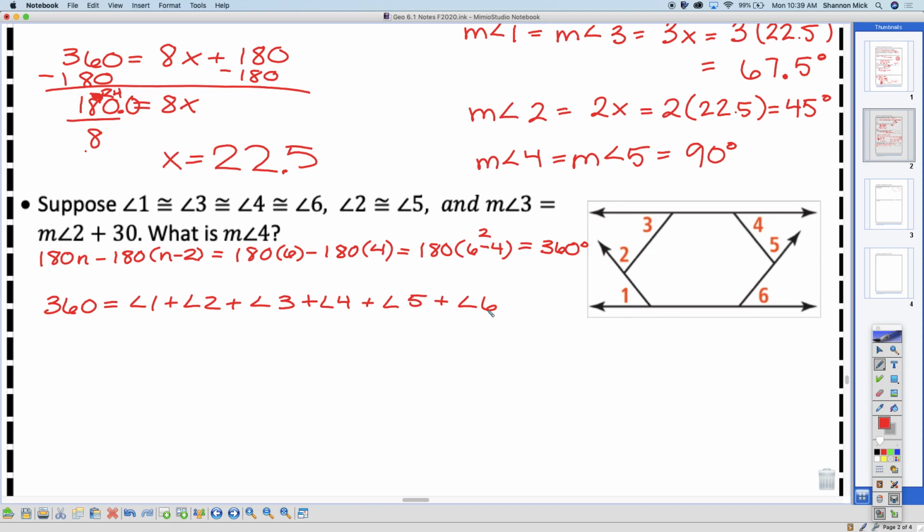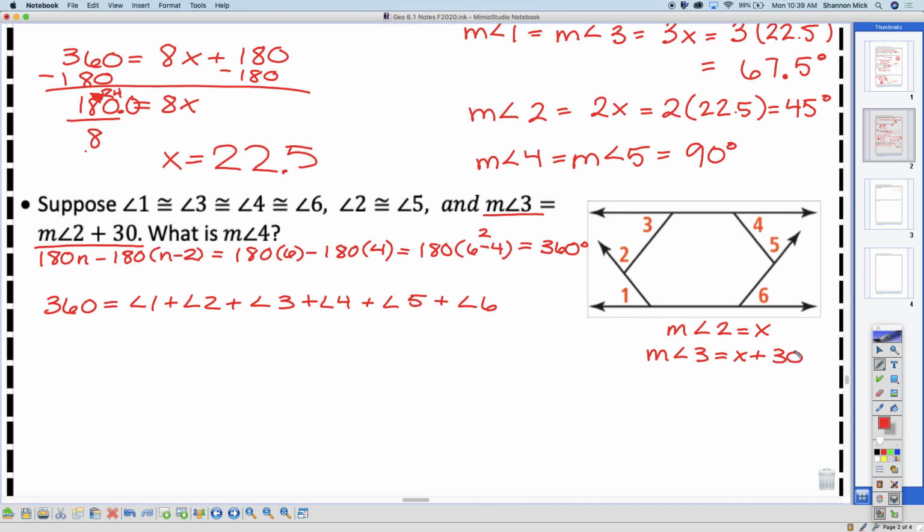Yep, so over here, I'm going to put the measure of angle 2 equals x. And if the measure of angle 2 equals x, the measure of angle 3 equals x plus 30.